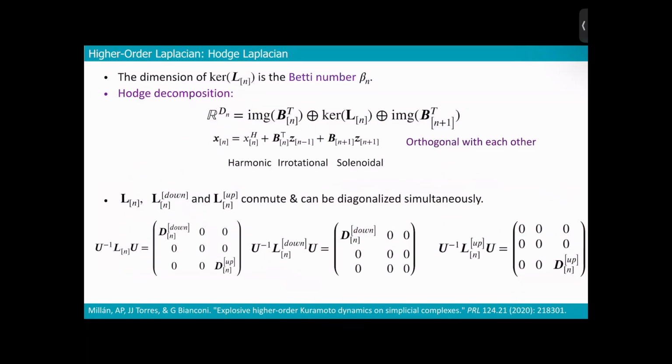To recall some properties of this Hodge Laplacian, we know that its kernel is the corresponding Betti number. We have the Hodge decomposition that allows us to write any vector as the composition of the harmonic, irrotational, and solenoidal components, and the harmonic component will be in the kernel. And of course, L down and L up commute, and they can be diagonalized together.